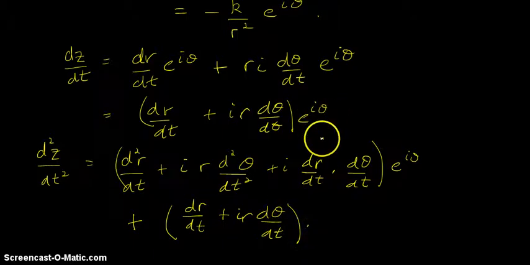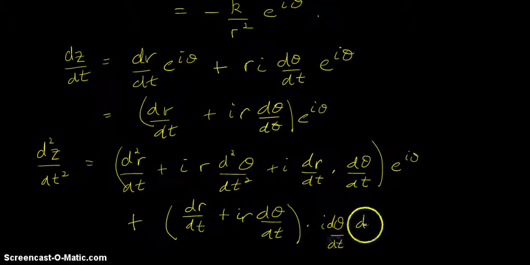And the derivative of this thing is I d theta dt times e to the I theta.